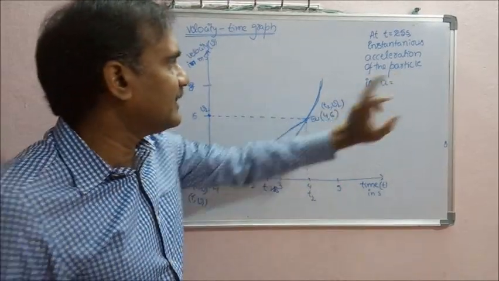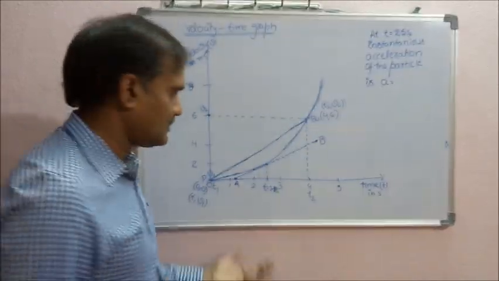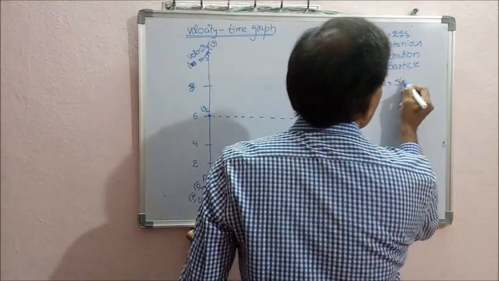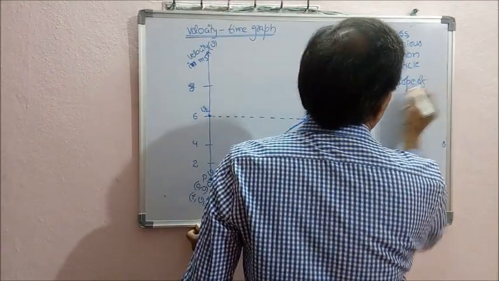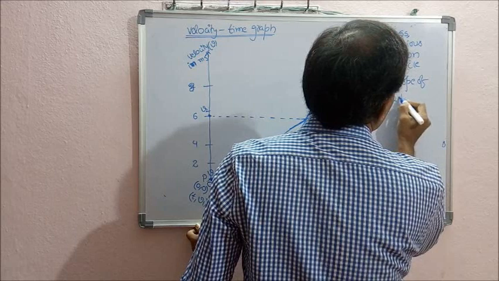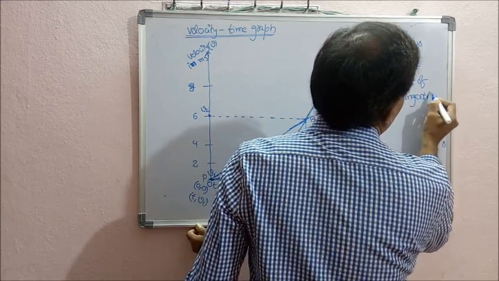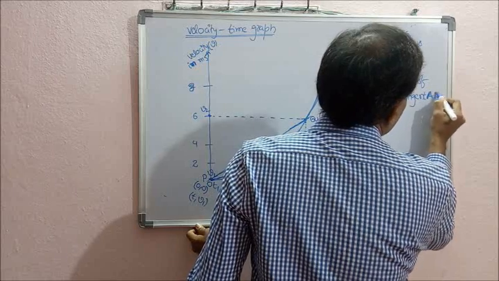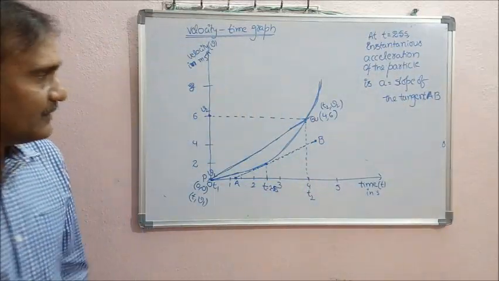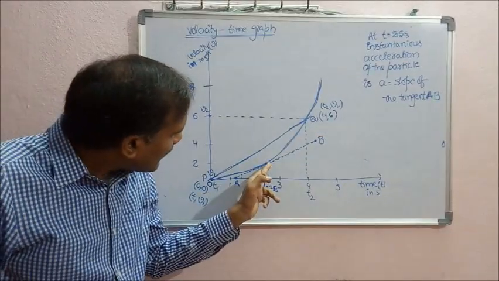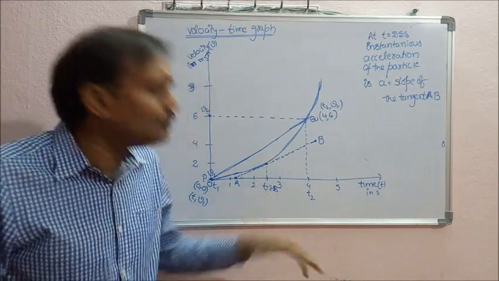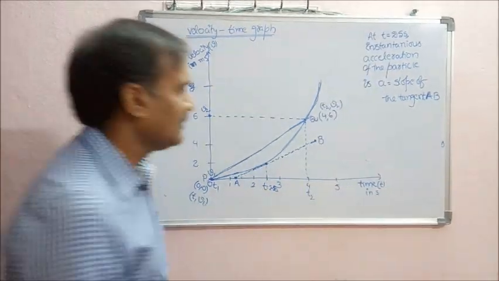Now, that instantaneous acceleration becomes the slope of the tangent AB, that is, the slope of the tangent drawn to the curve at t is equal to 2.5 seconds.